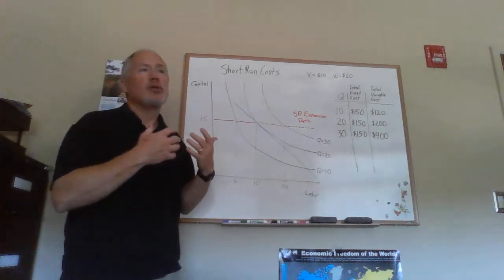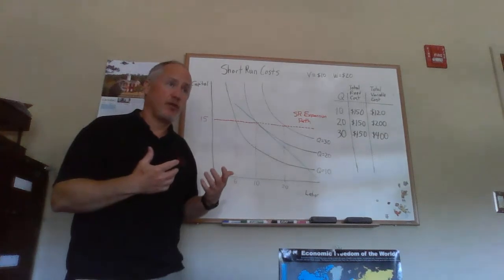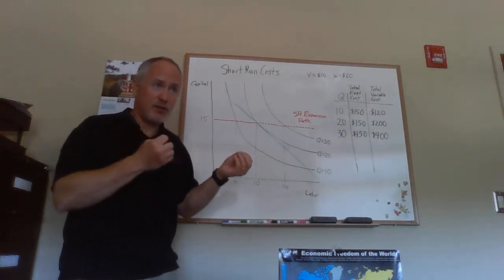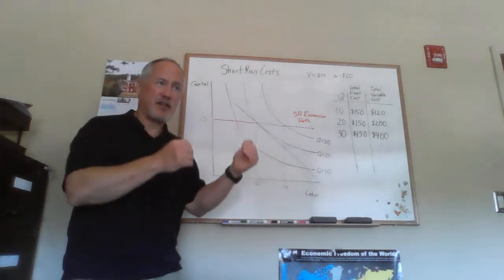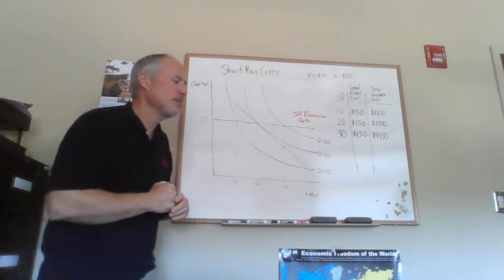So when we talk about the cost tables for the firm, that would be the firm's cost tables for different fixed levels of capital.